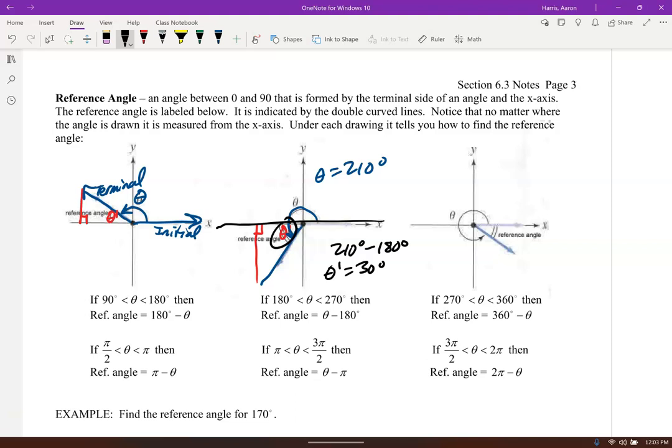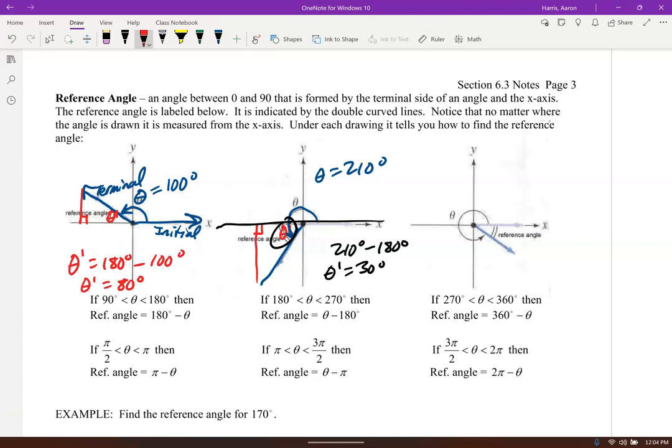That'd be our reference angle. In the first scenario, let's say theta was 100 degrees. Okay, so theta prime is, well, how much is left over? If I went halfway, it'd be 180 degrees. So theta prime would be 180 minus the 100. So theta prime in this picture is 80 degrees.